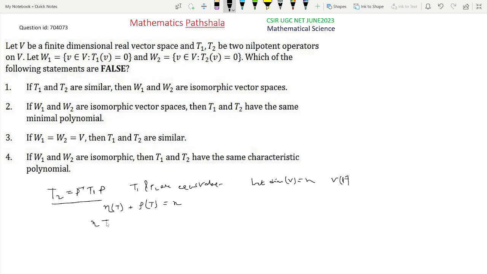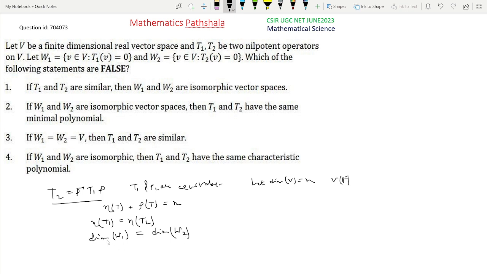So the nullity is the same. This is clear. That means dimension of null space of T1, that is W1, and dimension of null space of T2, that is W2, are equal.